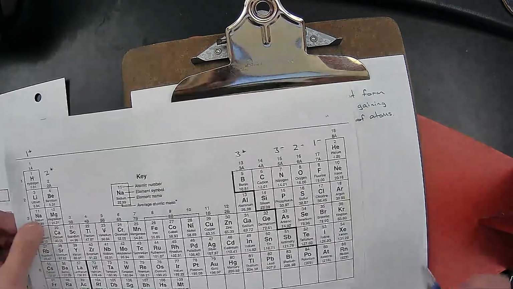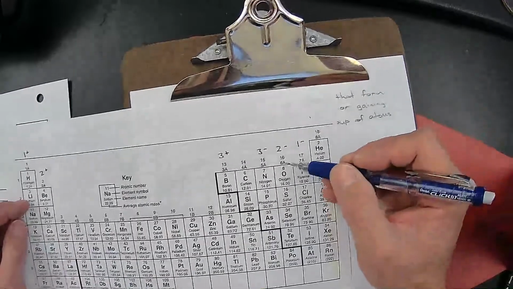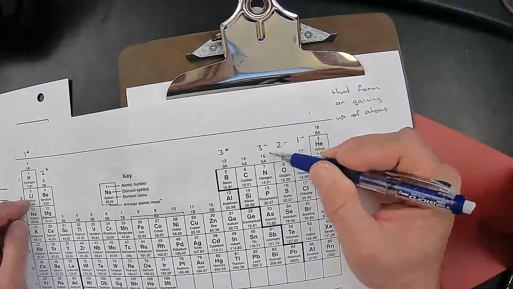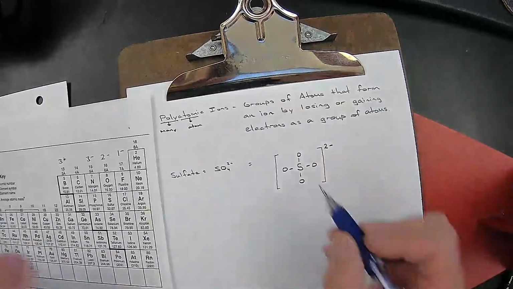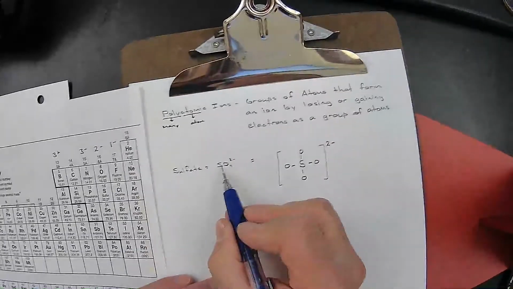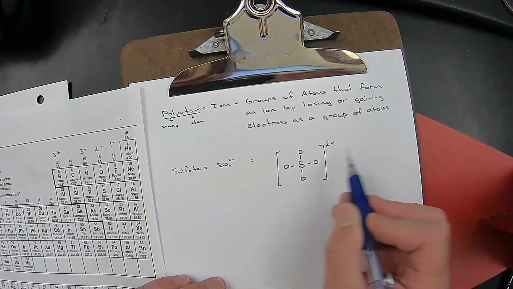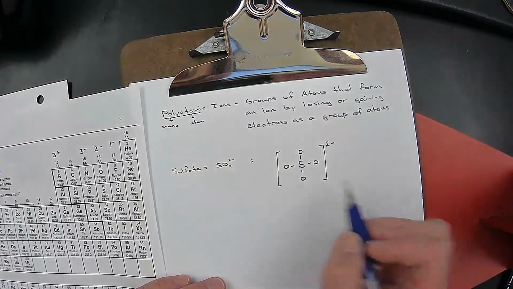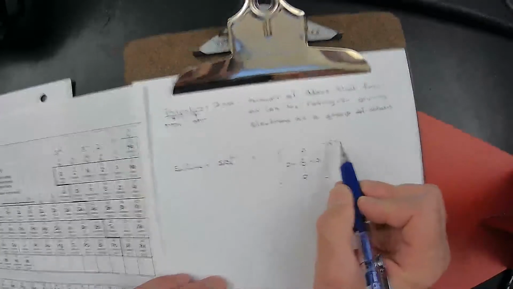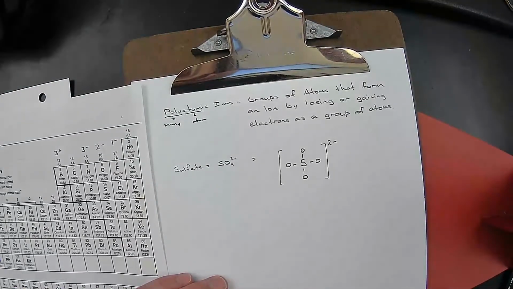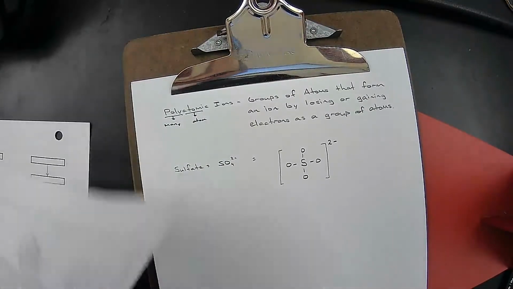So just as sulfur in column 6A becomes a 2 minus, sulfate as a group of atoms, 1 S with 4 O's, adds 2 extra electrons into that group to become a 2 minus charge.